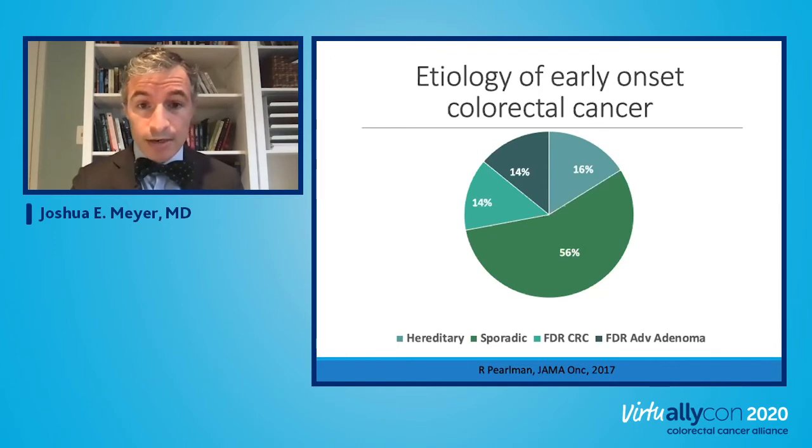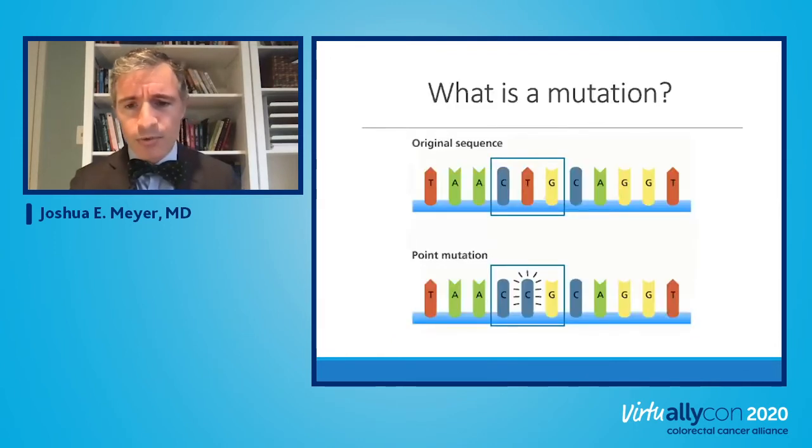with an advanced adenoma. We're going to talk a little bit about mutations, so I just want to remind you what a mutation is. If you look at this figure, you have a normal strand of DNA on the top, where they describe it as the original sequence, and there are different bases that are aligned in a particular sequence there.